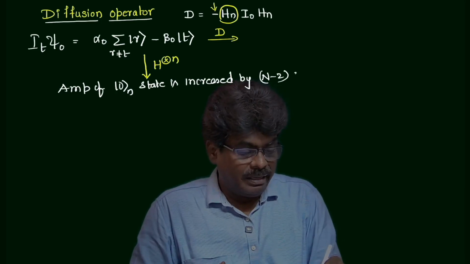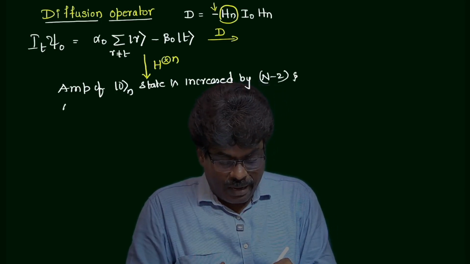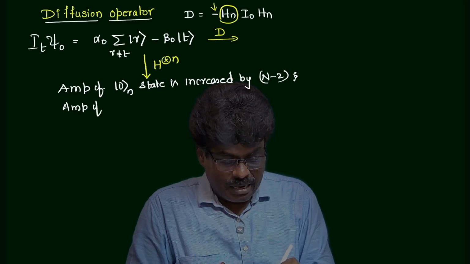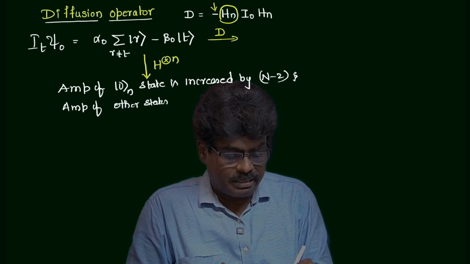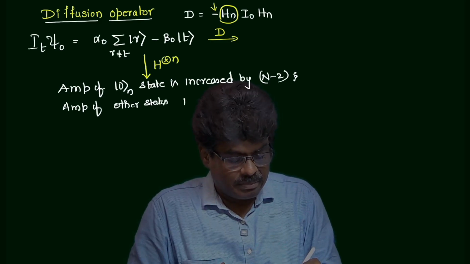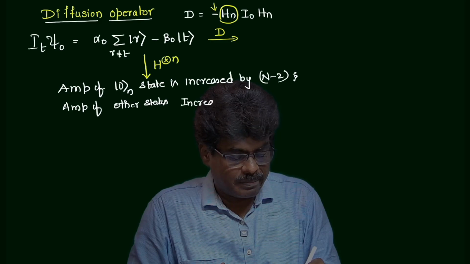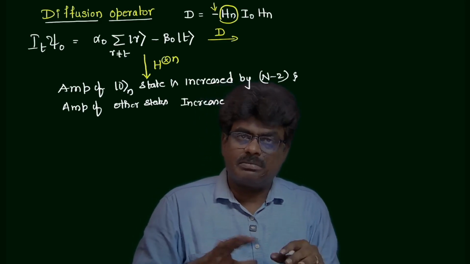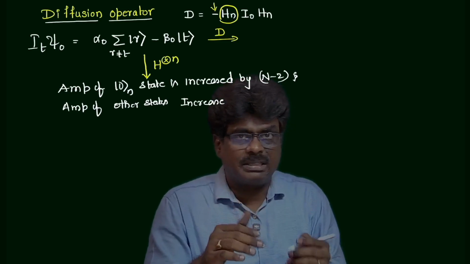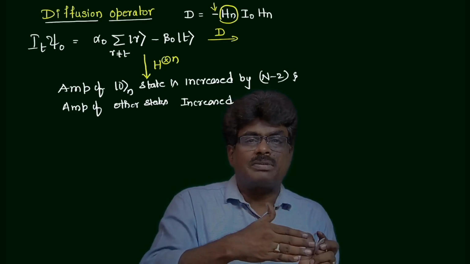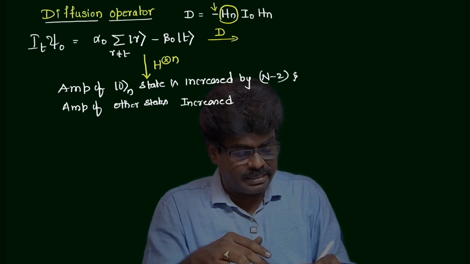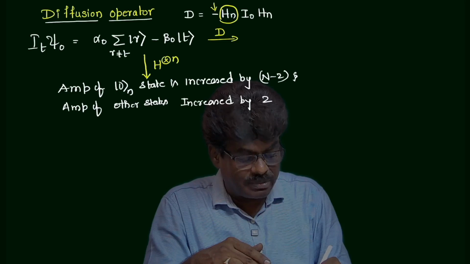And the amplitude of other states is increased, either positive or negative, just multiplied by 2, something like that we will get. That's why I'm using the word increase. If it is on the negative side, increase; if it is on the positive side, increase. Increase it by exactly 2 times.